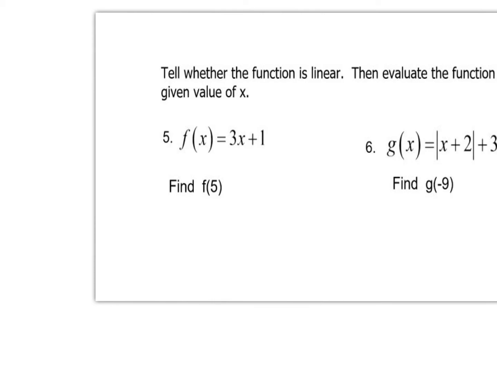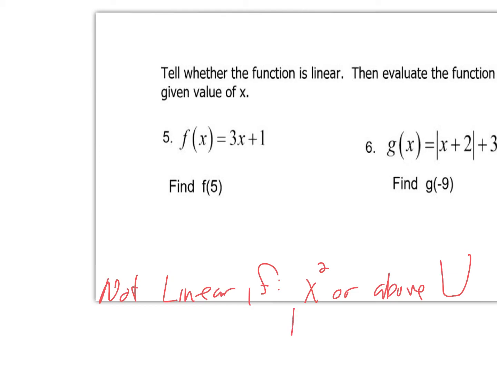Here are the things you are looking for. It's easier to say it's not a linear function if you have the following things: x squared or above, because that makes a parabola, a graph that looks like this. If you have absolute values, that makes a V-graph.